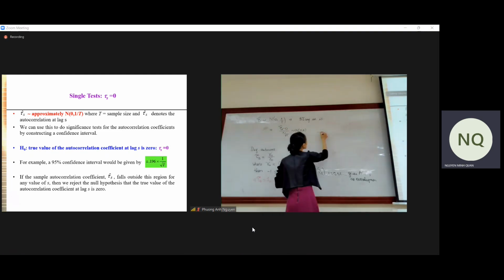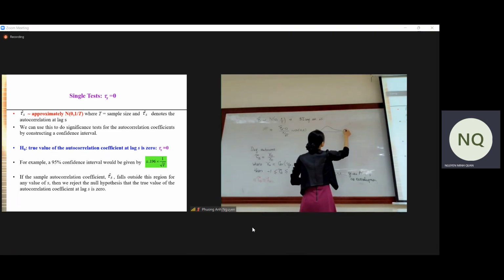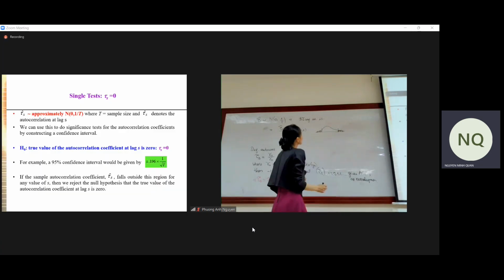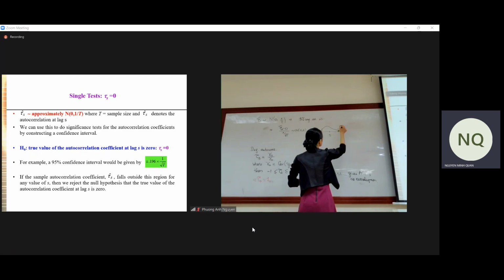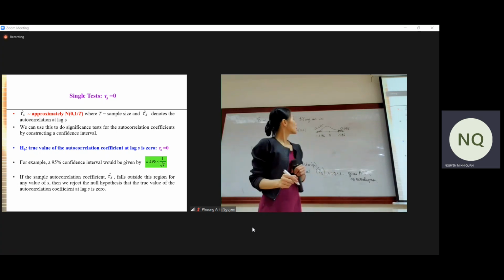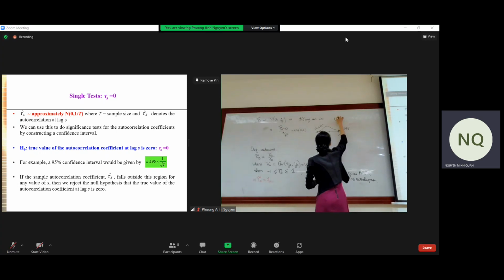Yes, so the 95% confidence interval will be around 0 for sure, and 0.025. I think the critical value will be 1.96.